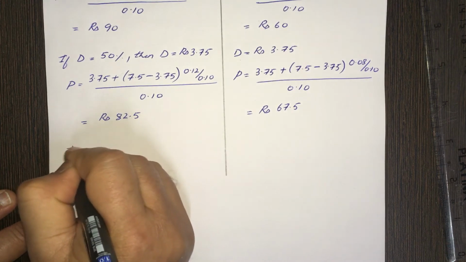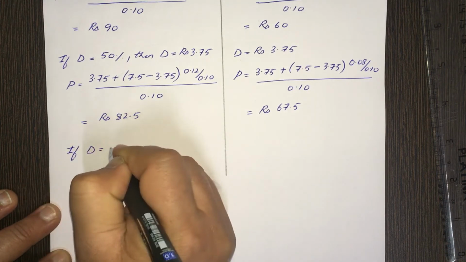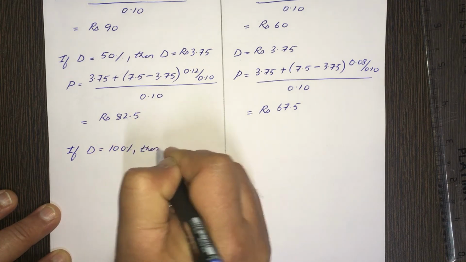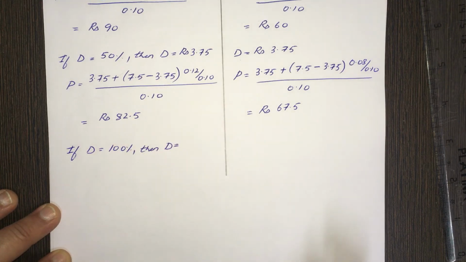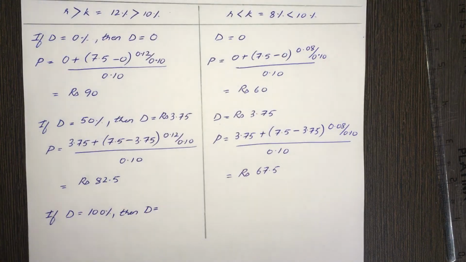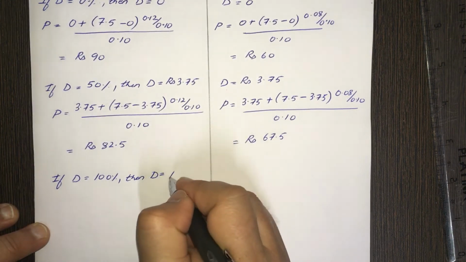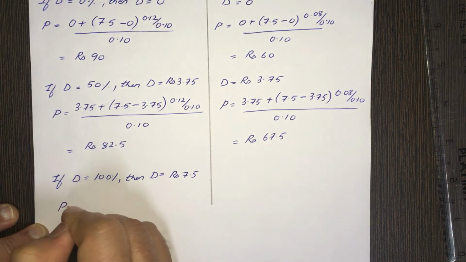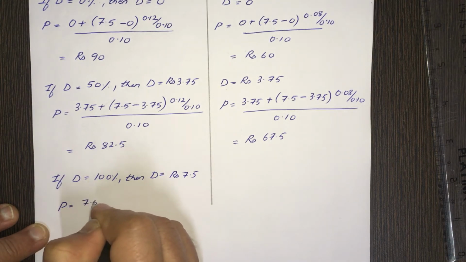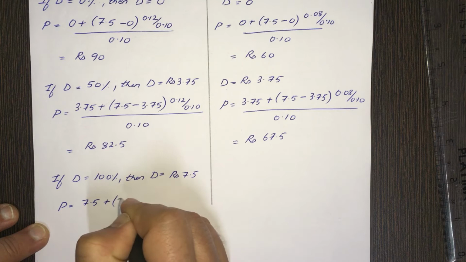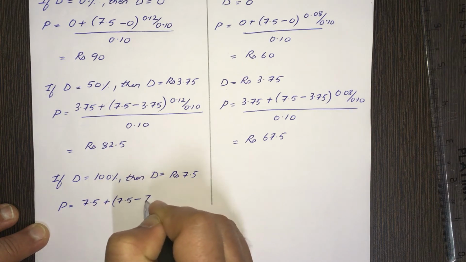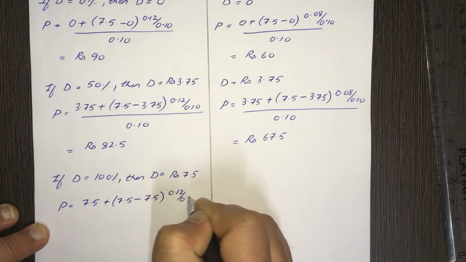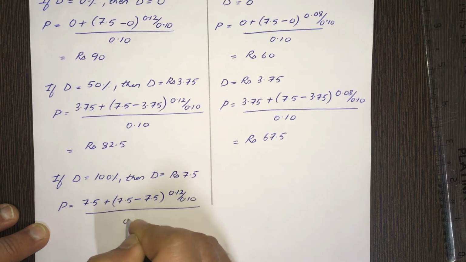And the third one, if the payout is 100%, then D will be equal to what? So 100% of 7.5 is what? Yes, it is rupees 7.5. So P is equal to 7.5 plus 7.5 minus 7.5 into 0.12 divided by 0.10, the whole thing divided by 0.10.